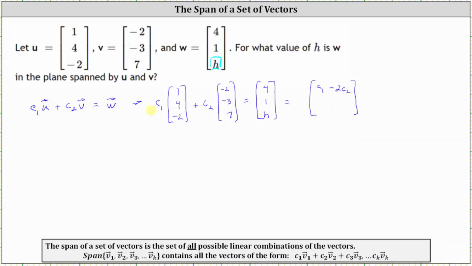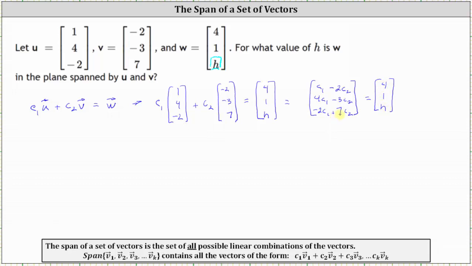The second entry is c sub 1 times 4 plus c sub 2 times negative 3, or 4 c sub 1 minus 3 c sub 2. And the third entry is c sub 1 times negative 2 plus c sub 2 times 7, or negative 2 c sub 1 plus 7 c sub 2. This is equal to the vector 4, 1, h.